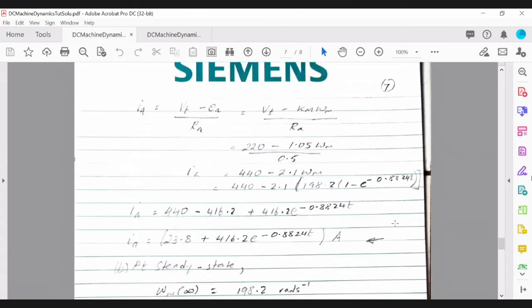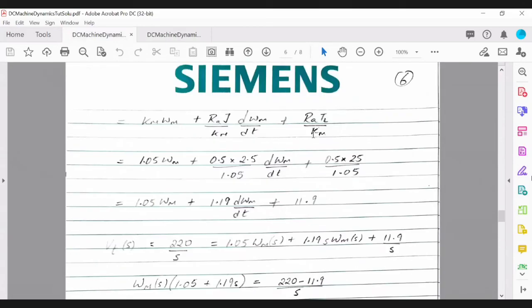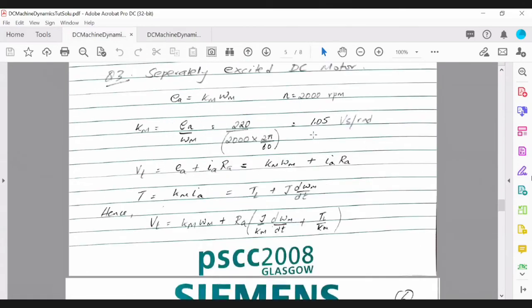So for the current in the motor, that's given by Vt minus Ea over Ra. I've substituted the value of Ea as Km omega m from the previous expression. Going back here, remember Ea is given by Km omega m.